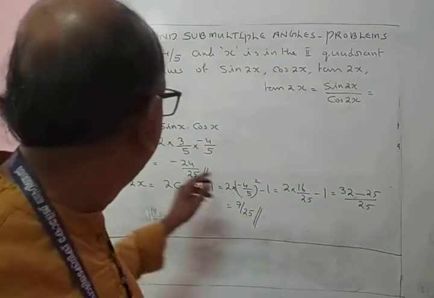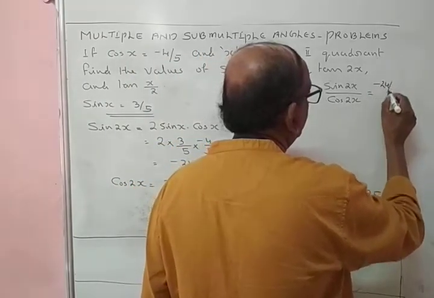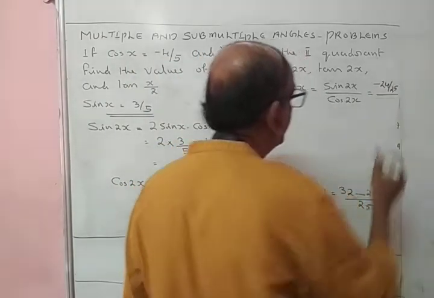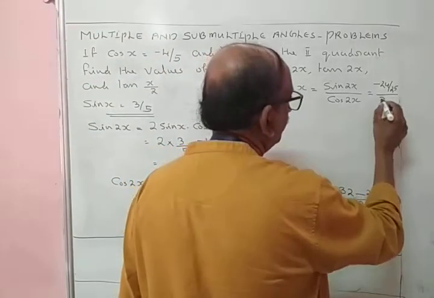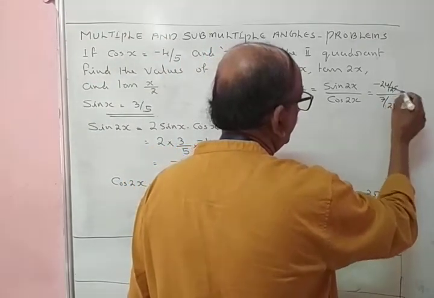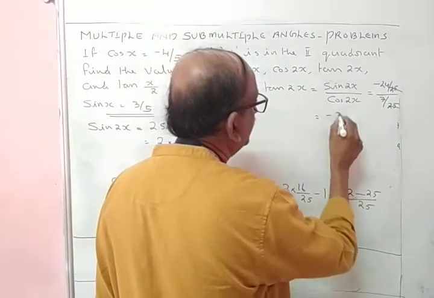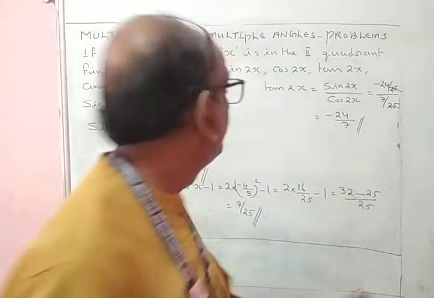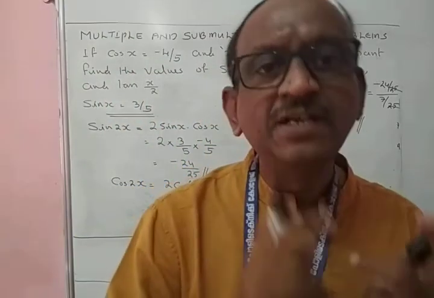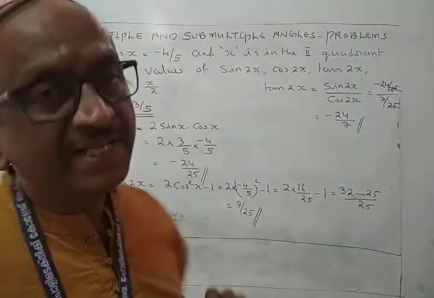Sin 2x, minus 24 by 25, divided by cos 2x, 7 by 25. 25 got cancelled. Is equal to minus 24 by 7. Therefore, we found sin 2x, cos 2x and tan 2x. Then the last one is tan x by 2.